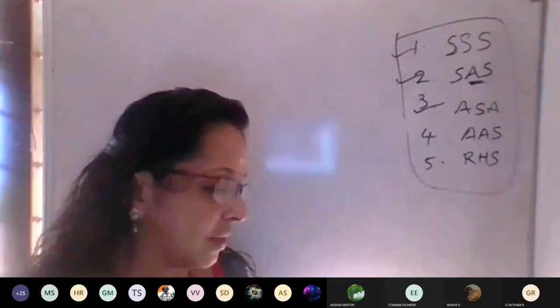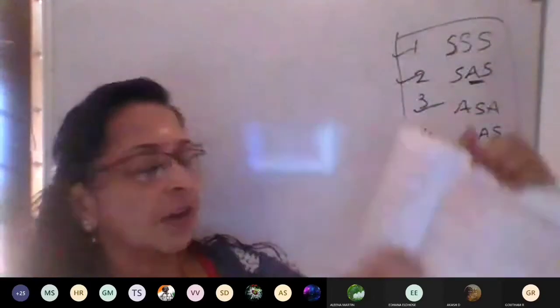Now I am saying about the congruency conditions of corresponding sides, corresponding angles. Can you see this? So conditions for similarity are the same, but with some differences. Here, similarity for SAS, AA.